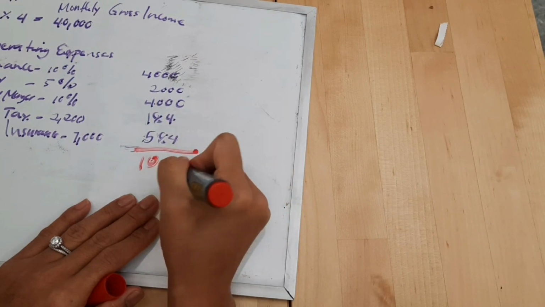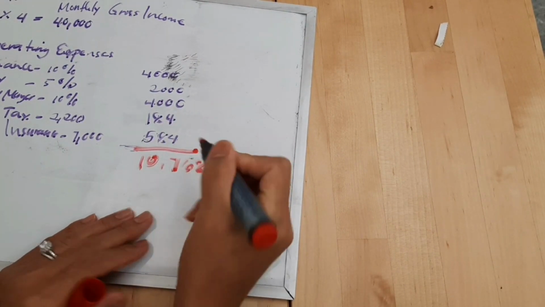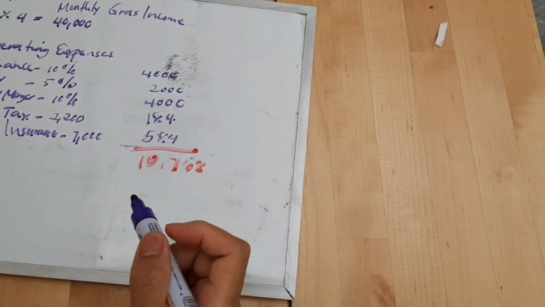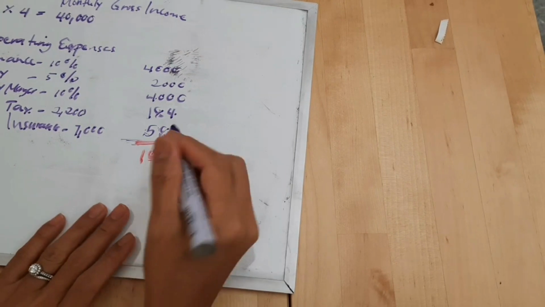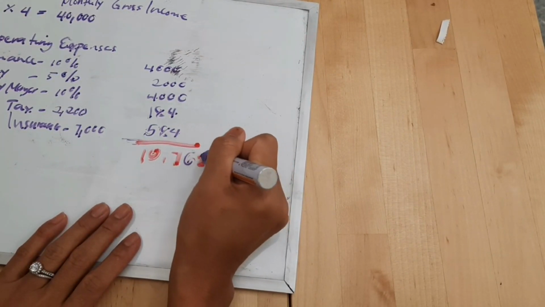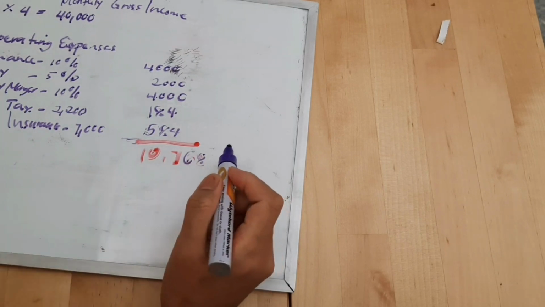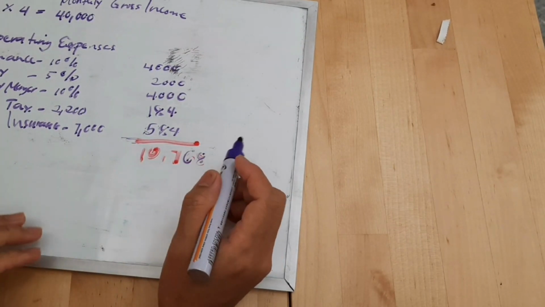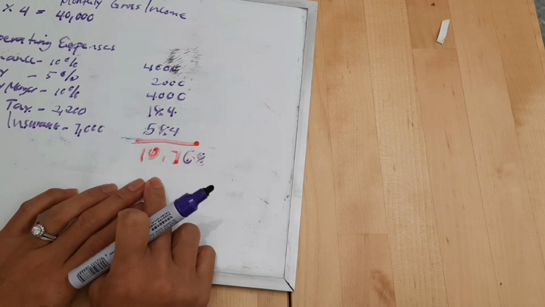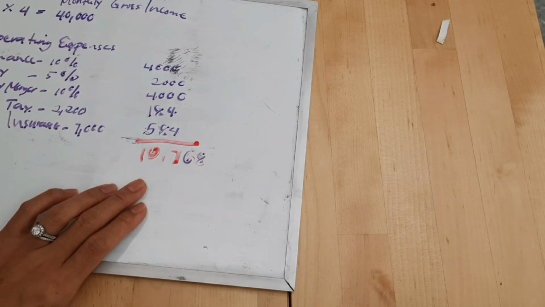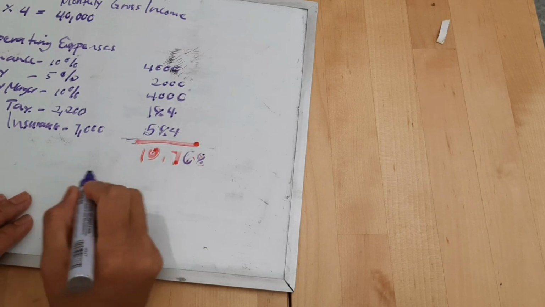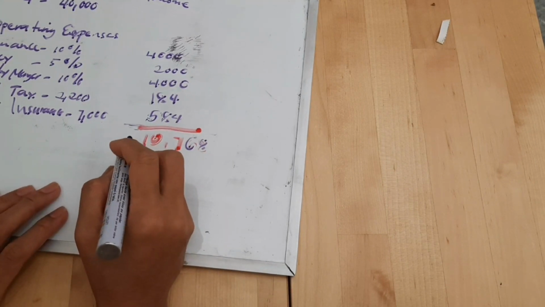This is the net operating expenses per month. So we take this 10,768 and subtract it from the income, which is 40,000. So 40,000 minus 10,768, your monthly operating expenses, is 29,232.